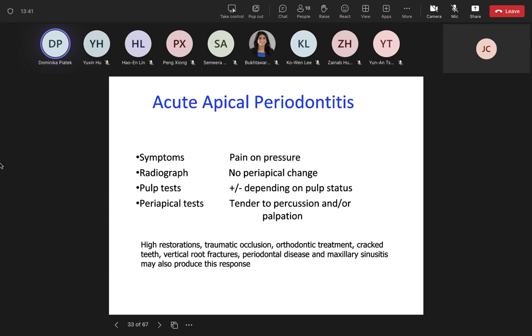And with maxillary sinusitis, if the patient has problems like that, teeth can also be tender to percussion. Of course, it will be connected with the upper molars, premolars, and those which have apex tips of the roots connected with the maxillary sinus, usually. And this can produce some response.